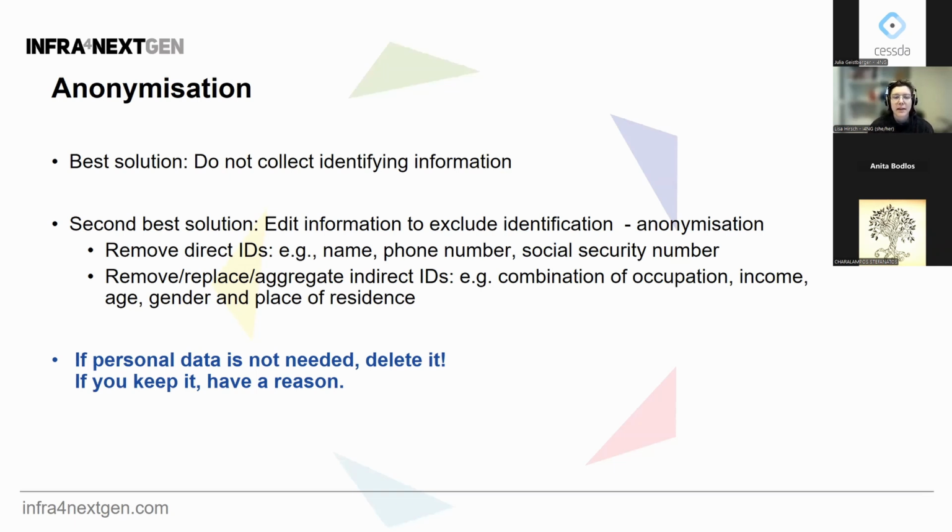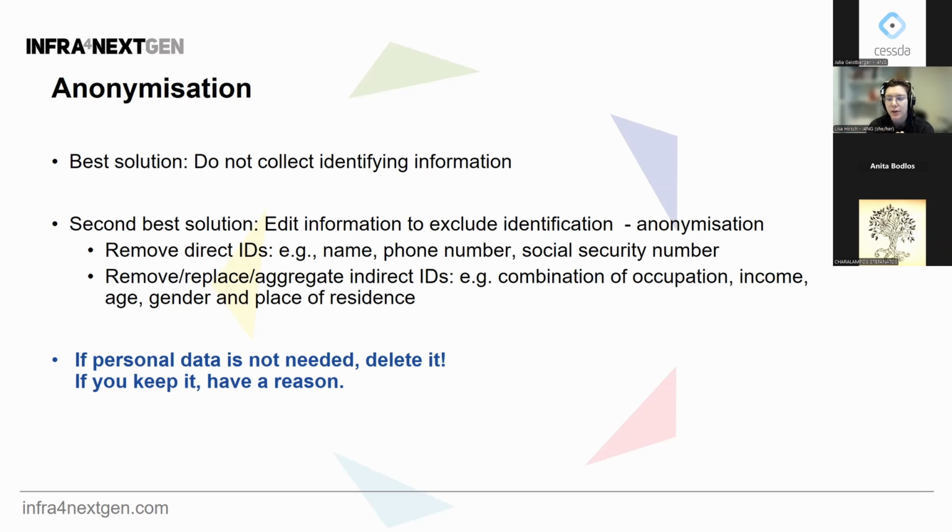And with indirect identifiers, as you heard before, those do not render a person directly identifiable, but the combination of certain sociodemographic variables allows respondents to be identified. So the way to go with indirect identifiers is to either remove them if you do not need the information, replace them with similar characteristics, or aggregate indirect identifiers.